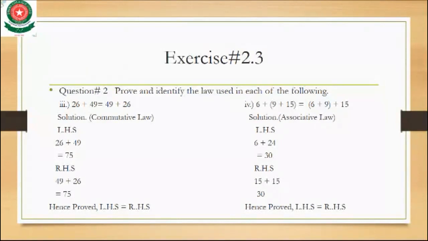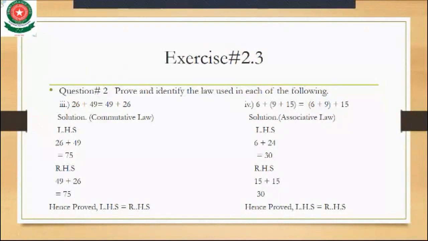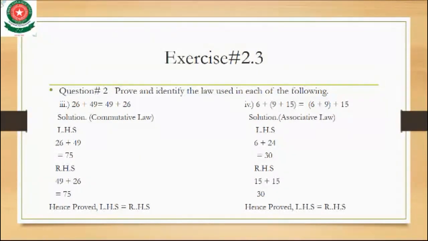Prove and identify the law used in each of the following. The third part is 26 plus 49 is equal to 49 plus 26. First of all, revise what is commutative law and what is associative law.